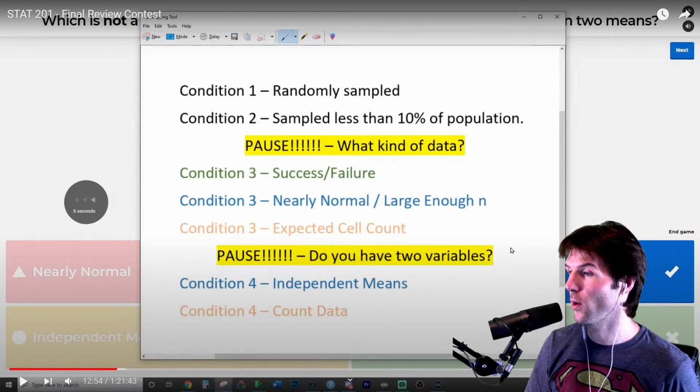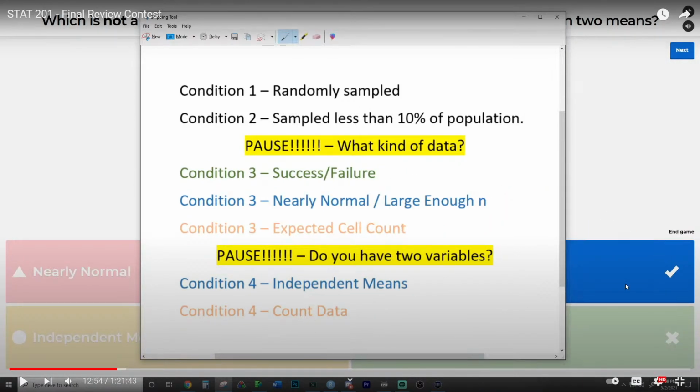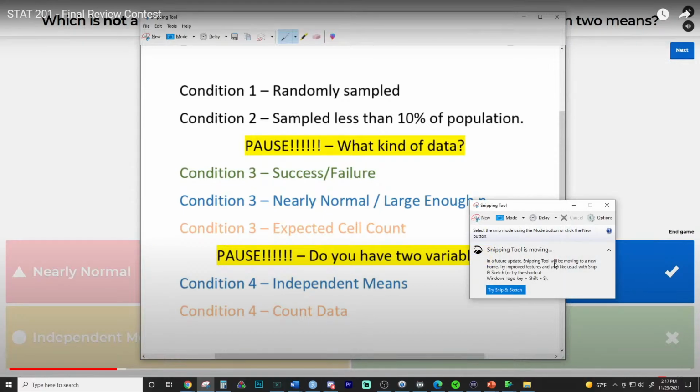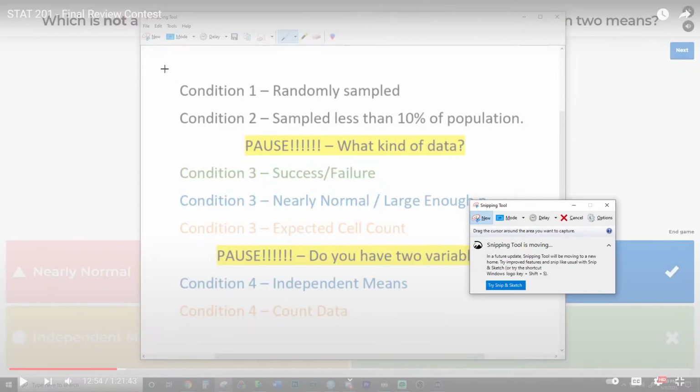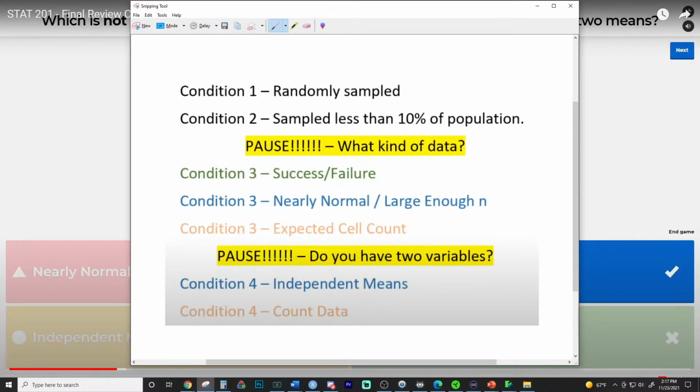Oh, my gosh. Wait. We found it, Kayla. 2 seconds. This is it. There we go. Let's do it. There it is, Kayla. There's the way to remember this. I'm going to put this in Stat Tool 1. Stat 201.